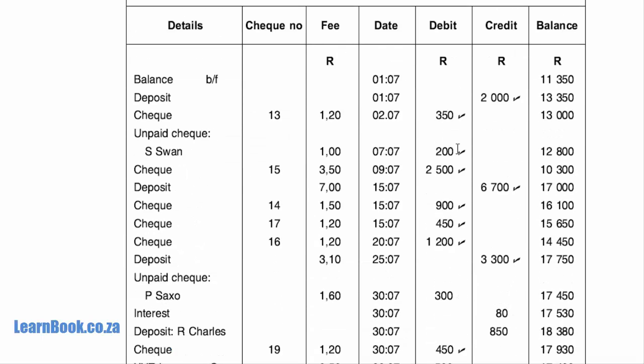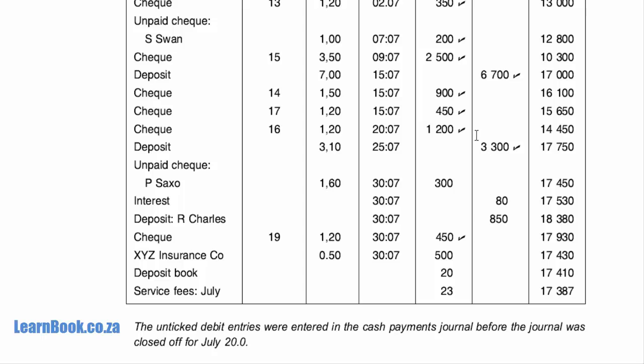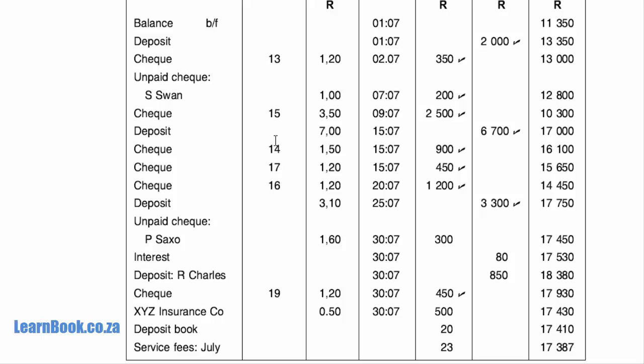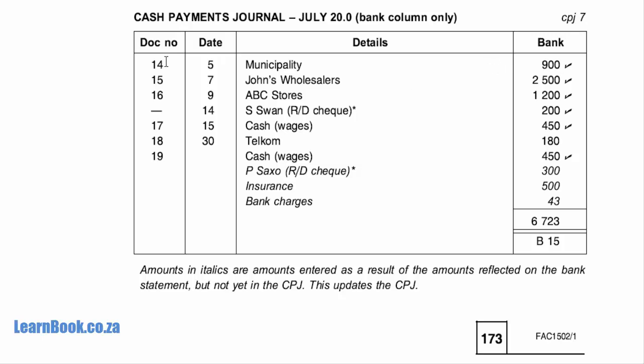We can see the amounts reflected here: 2,500, 900, 450, 450, and we can see that the check numbers are corresponding, with 900 being check 14, 900 Rand, and we can see it is document number 14, which means check number 14.